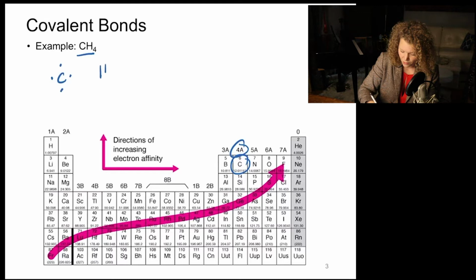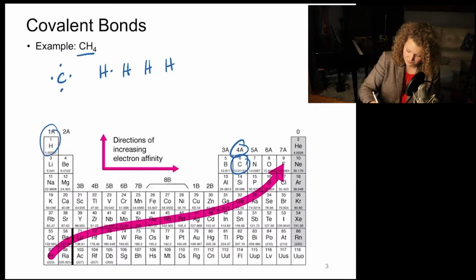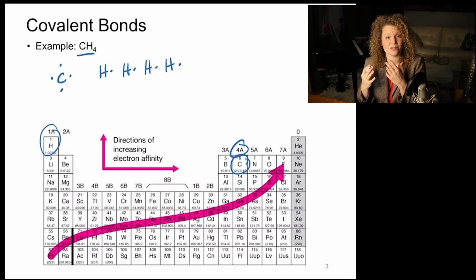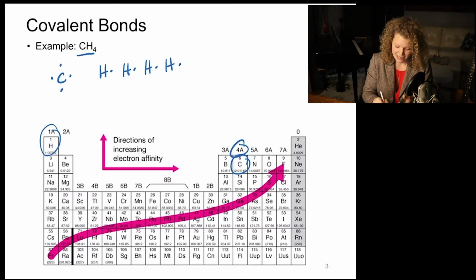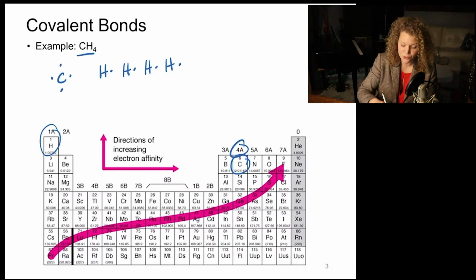We have 4 hydrogens. And we know that hydrogen, which is here in group 1, will each have an electron. As we draw this Lewis dot structure, we're going to see that each of the hydrogens can make a new covalent bond with one of the electrons in the carbon.